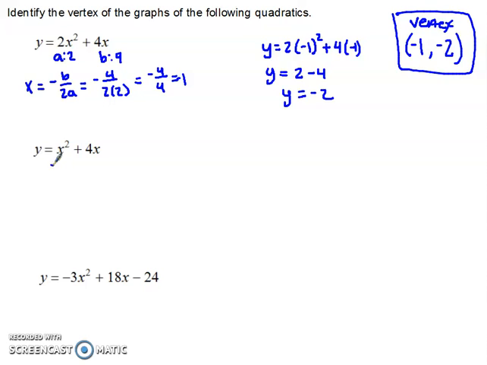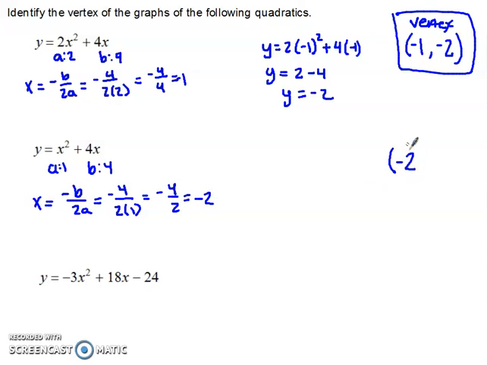Here I've got a is 1 and b is 4. C is 0, but we don't need c at this point, so I'm not going to write that in. The x value of my vertex is negative b over 2a, so negative 4 over 2 times 1. Negative 4 over 2, which divides to negative 2. So I know that the x value of my vertex is negative 2.